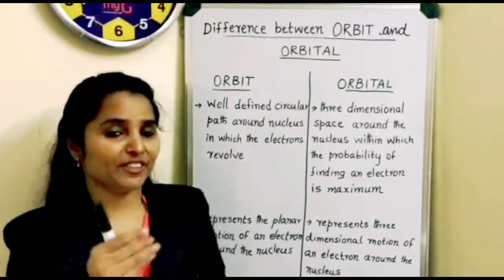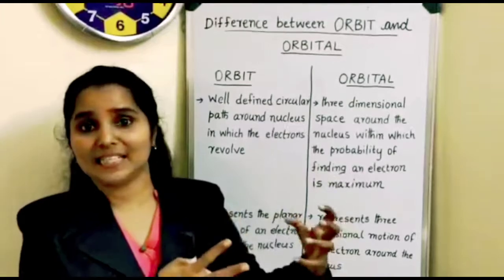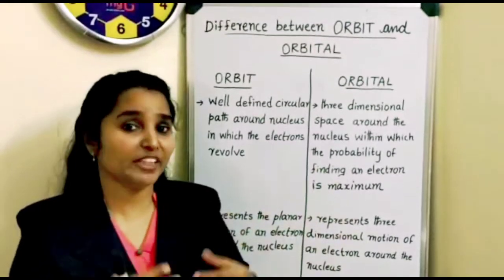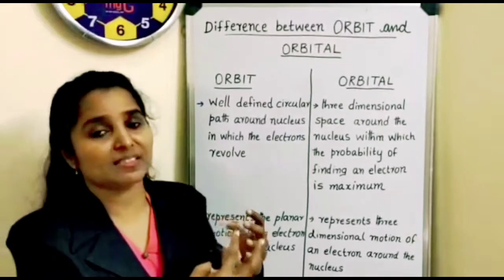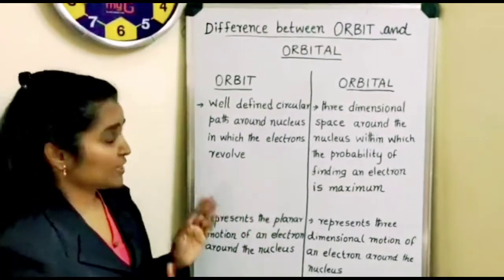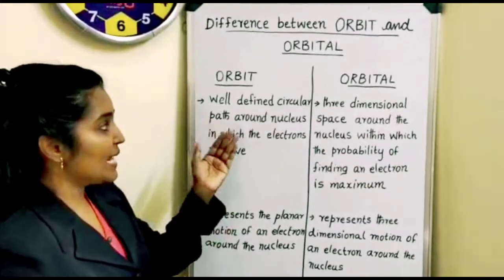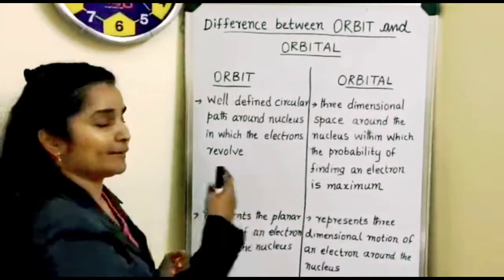From the very definition itself, it's clear that the orbital concept has a lot of differences from the orbit concept. So let's see those differences in a listed manner. First of all, an orbit is a well-defined circular path around the nucleus in which the electrons revolve.